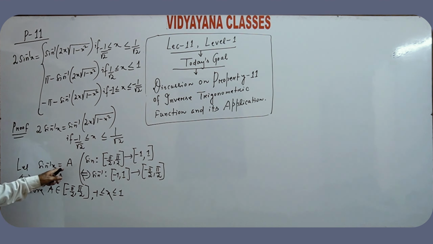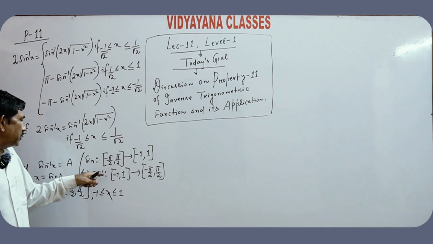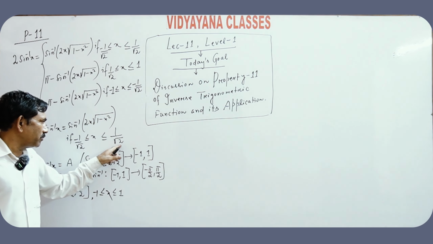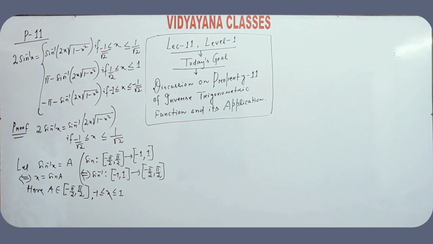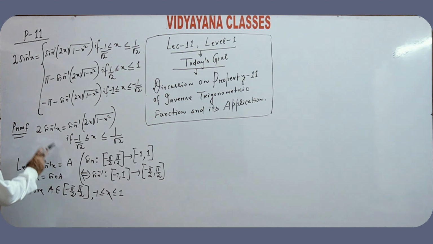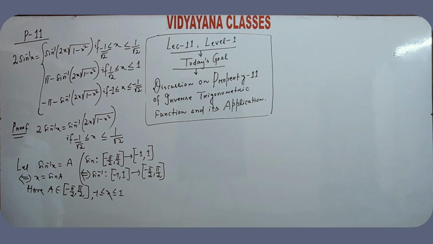Sin inverse x is equal to a, a belongs to this. Every inverse trigonometric function represents an angle, and the sin function is invertible when it is defined from this set to this set. We have to prove 2 sin inverse x is equal to this result, when x is greater than or equal to this and less than or equal to this.